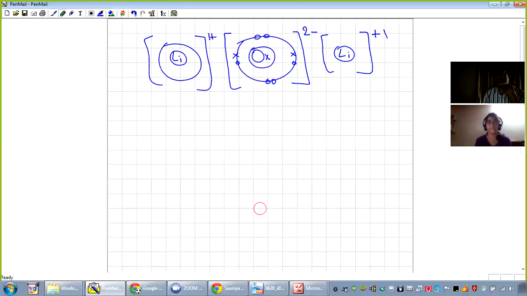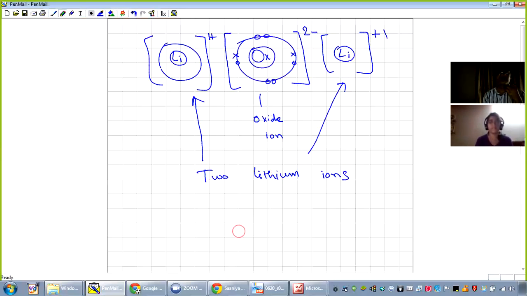Even -2 is also fine. This is the oxide ion, and these are the lithium ions. This whole thing will be the lithium oxide molecule.